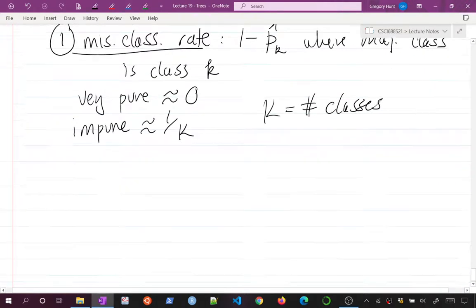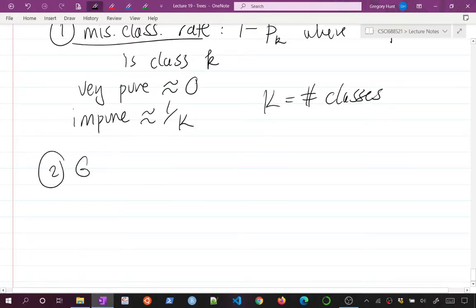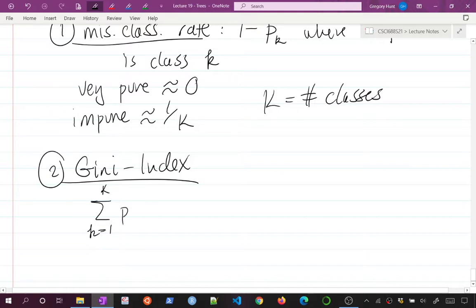But there are other different metrics people have come up with. There's one called the Gini index, which is the sum over my classes of pk hat times 1 minus pk hat.